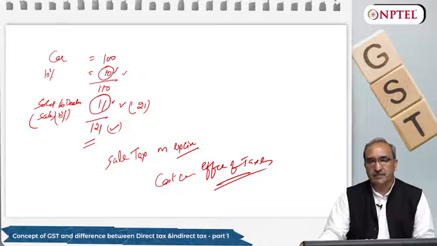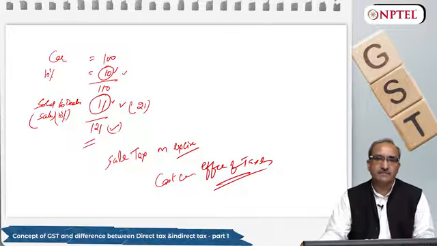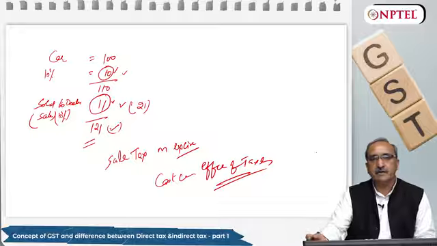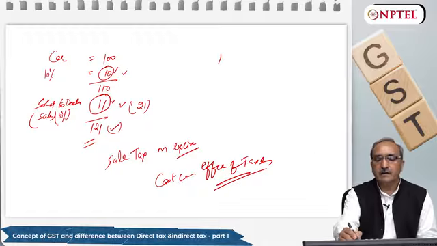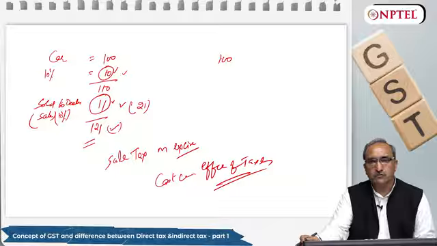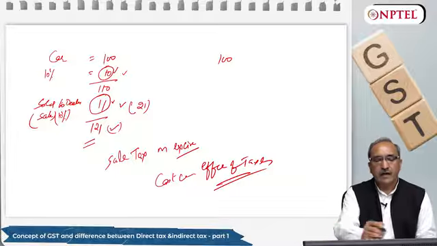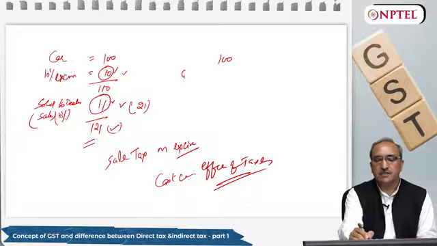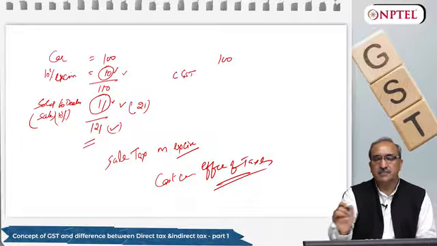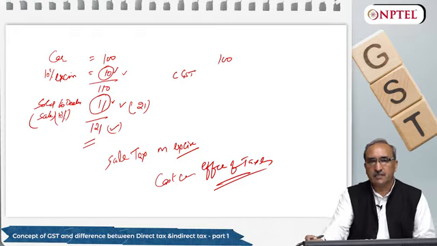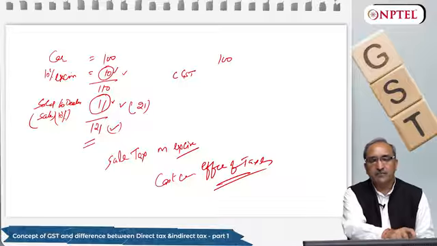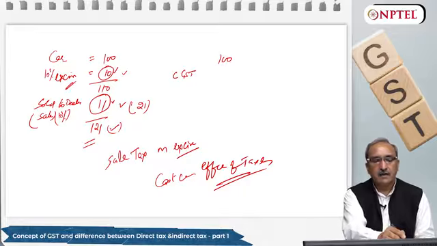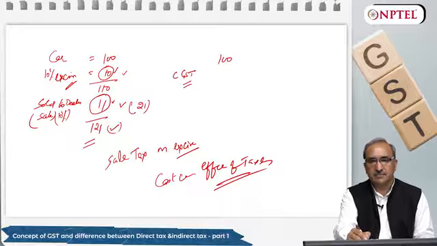What did GST do in this? How is GST different from it? Let's take the same example. The car value is 100 rupees, as I told you, and the excise duty here was 10%. Now GST is there, and in GST it is CGST. We will talk about CGST later. But here, in place of excise duty, I have CGST, central GST.